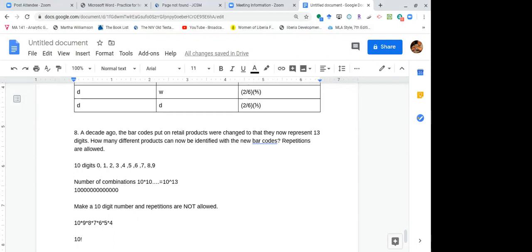Before you use it, though, you have to enter the number that you want to take the factorial of. So I would enter 10 first, then math, probability, option 4, and it will give you that.